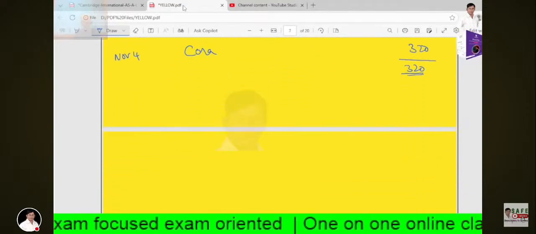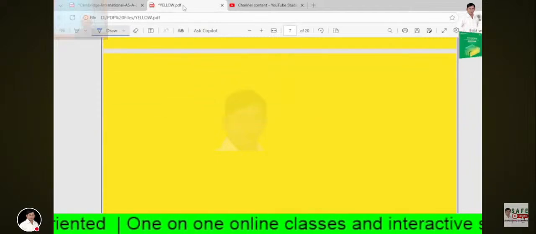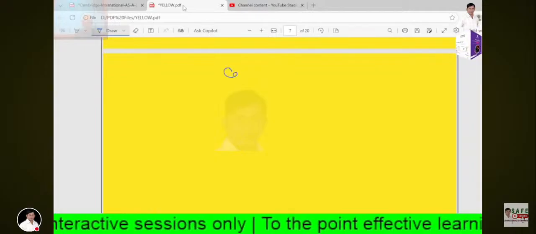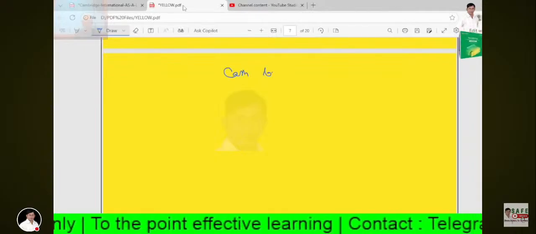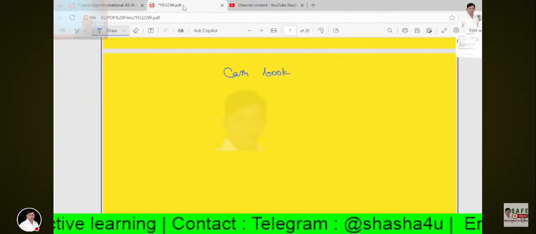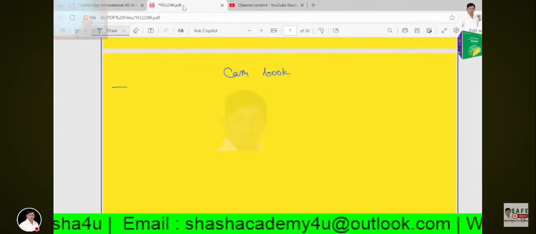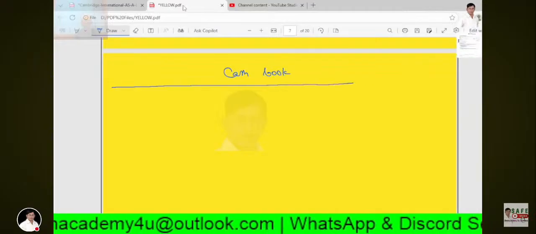Then next, what is the next book of prime entry? Cash book. So we have to prepare cash book. So what all will come in the cash book? Discount column will come.